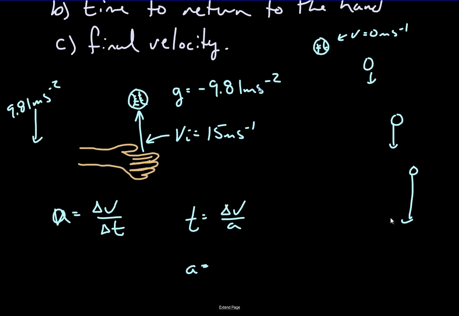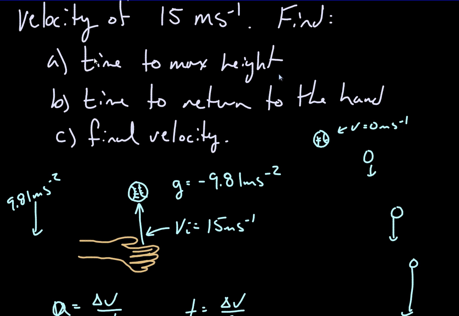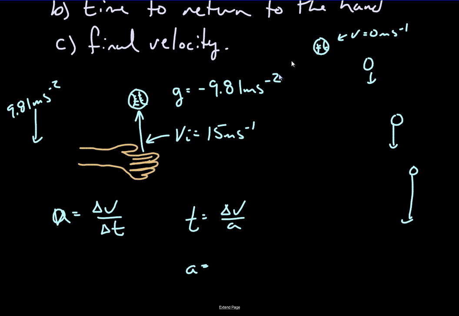We do this essentially always in 2 steps, but it does ask for max height anyway. So we know at its max height, its velocity will drop to 0. So what we have is 0 minus its initial velocity of 15 meters per second divided by 9.8 meters per second squared. And I don't know why I changed that to an A. It should still be a T, because that's what we're finding, time.